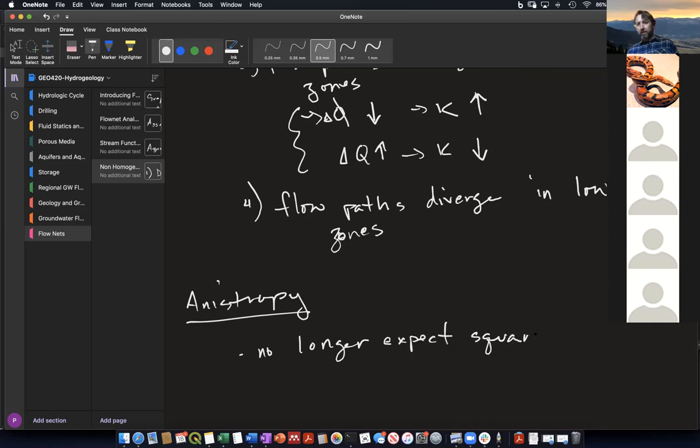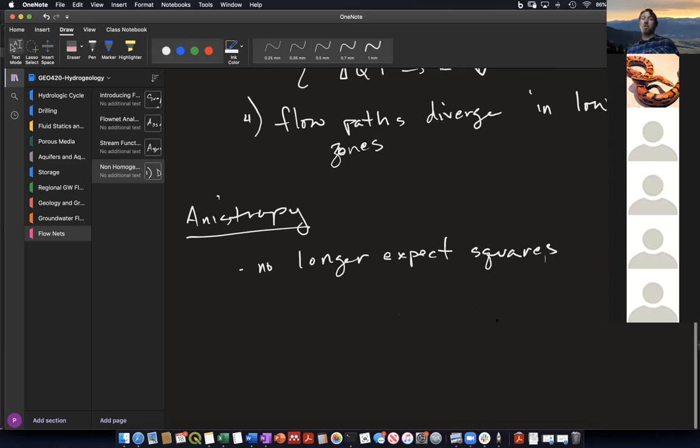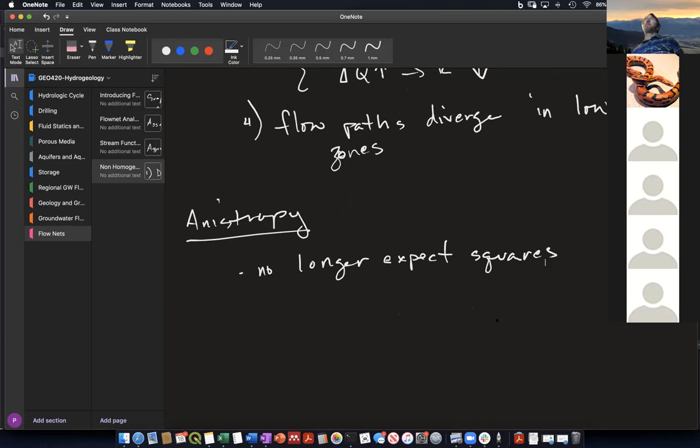Again, same as heterogeneity. And in principle, there's no real way to determine, if you have anisotropic and heterogeneous, both of these processes are essentially doing the same thing. And it's almost impossible to, from a flow net, deal with both of these things at once. But the basic idea is that in an anisotropic media, we can think about this.